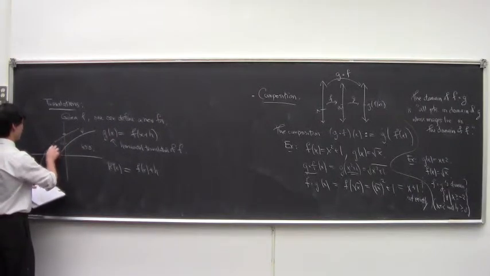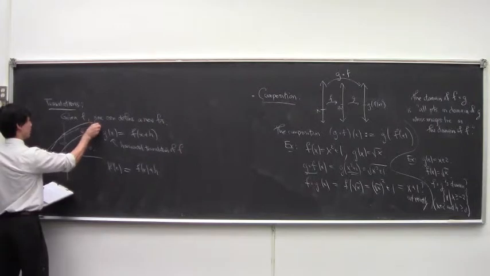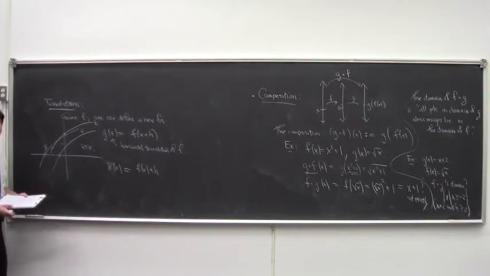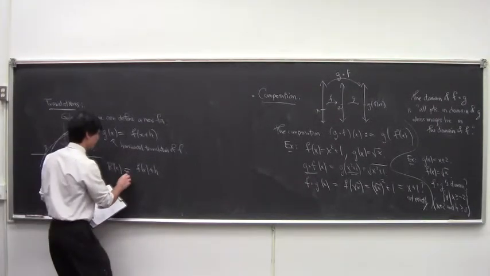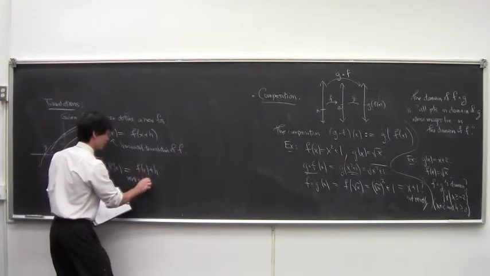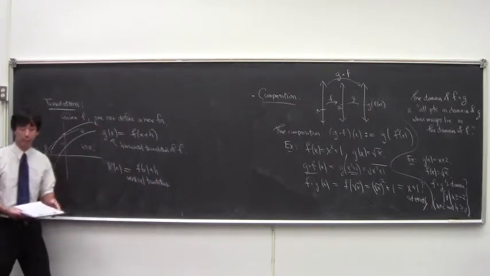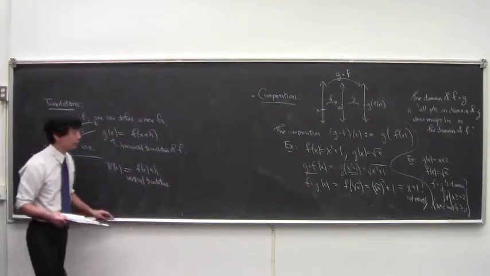So this thing is k, and this thing is g. This is called a vertical translation. It will not be that significant.